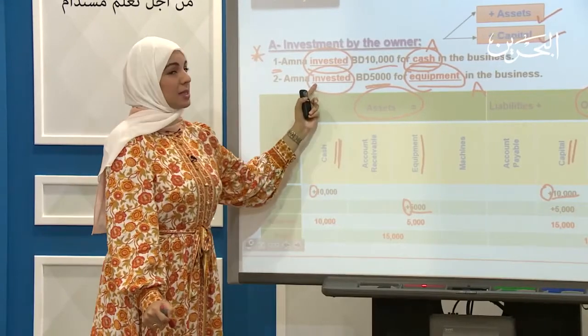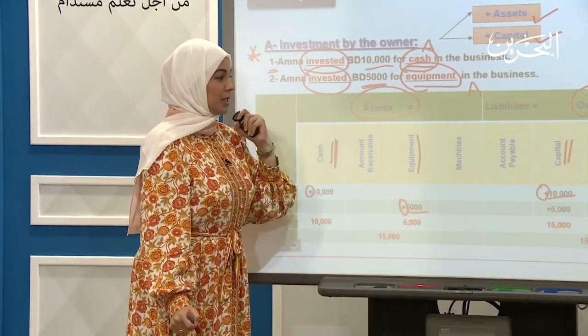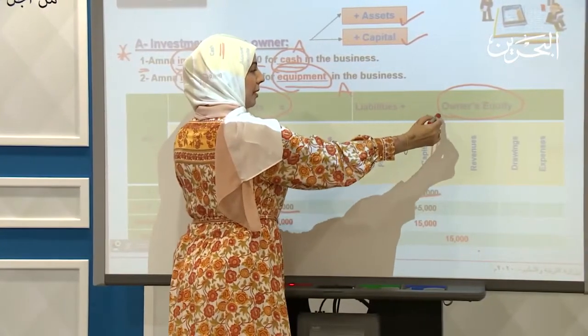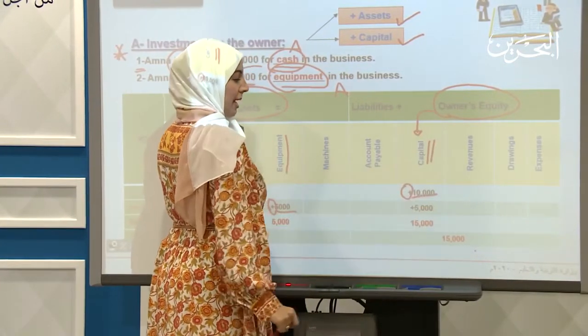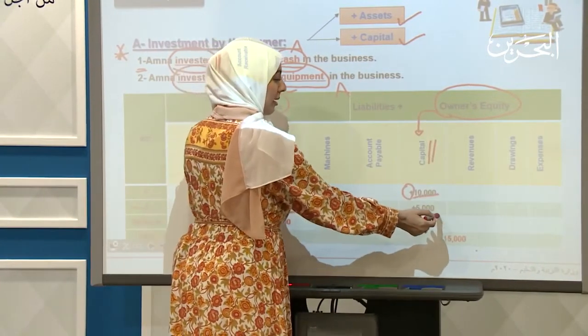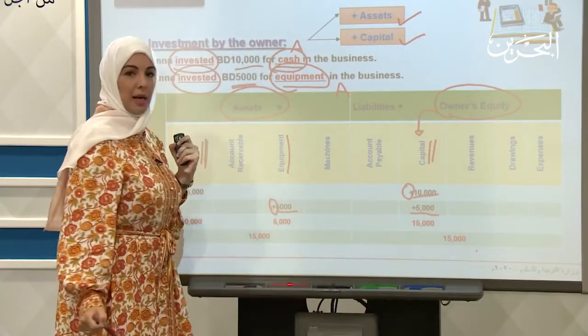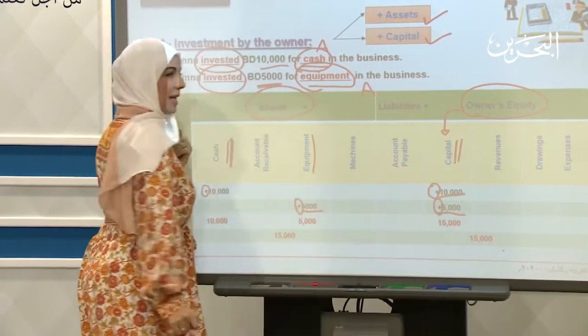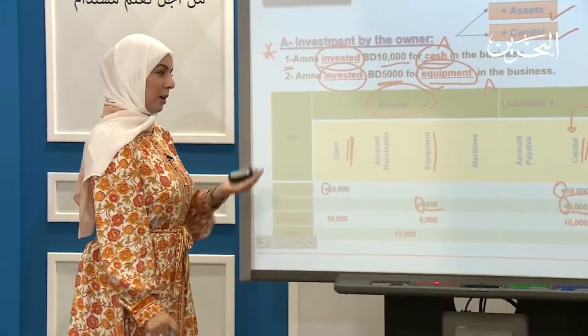The effect of investment will be on the capital of the company. So I will move to the owner equity under the capital section and I will increase it in transaction number 2 by 5,000. And be careful, you should put the plus sign to show that the account will increase.